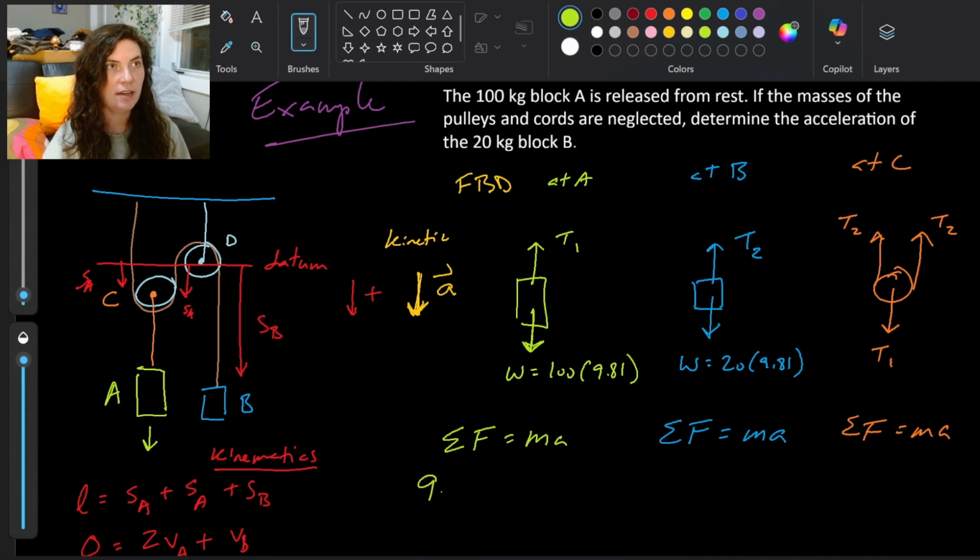Means I'm going to have the weight of the object, 981 newtons, minus T1, equals mass times acceleration. We release the block from rest. We're going to go ahead and assume that we have an acceleration at A. We're assuming it's moving downwards. We know the mass is 100 kilograms. That's multiplied by acceleration of A.